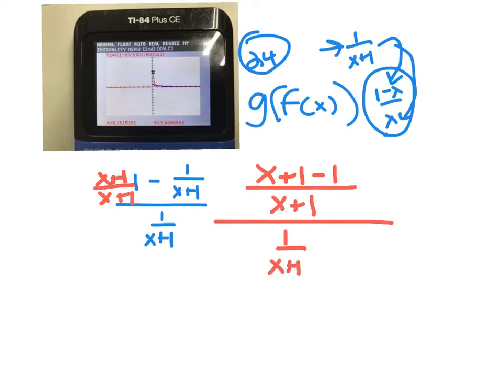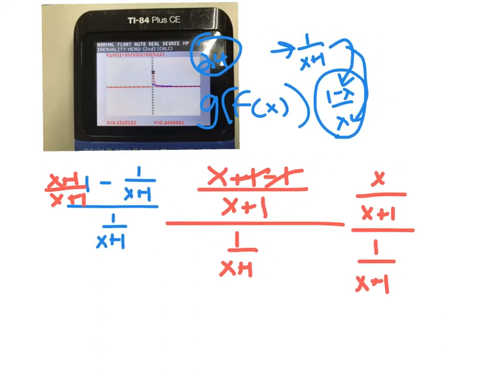And then from there I can simplify it as x over x plus 1, because the positive 1, negative 1 cancels out, over 1 over x plus 1. And then a fraction divided by a fraction, I'm going to keep, change, flip. So dividing by this is the same thing as multiplying by this. And then these cancel, and I end up with x over 1, which is just x. So you're dealing with complex fractions. Okay, Jim.